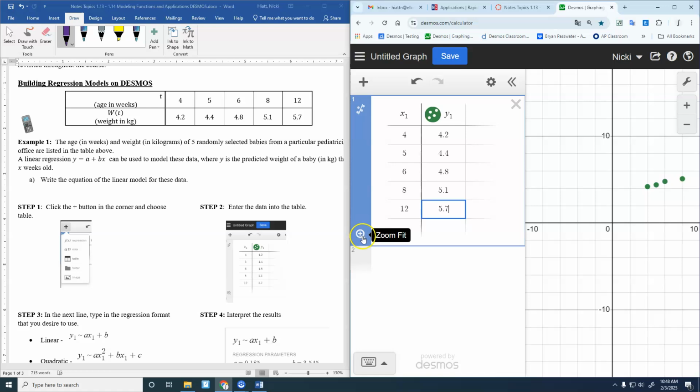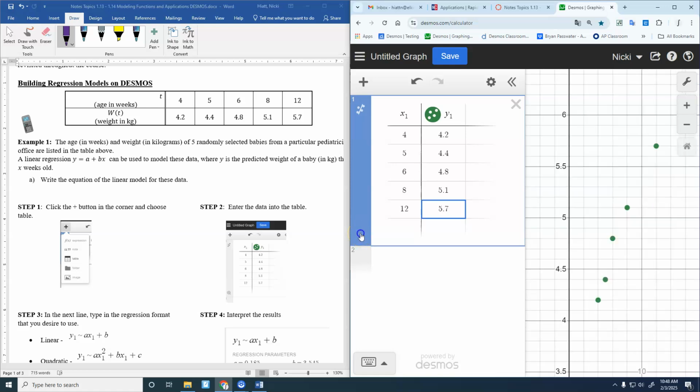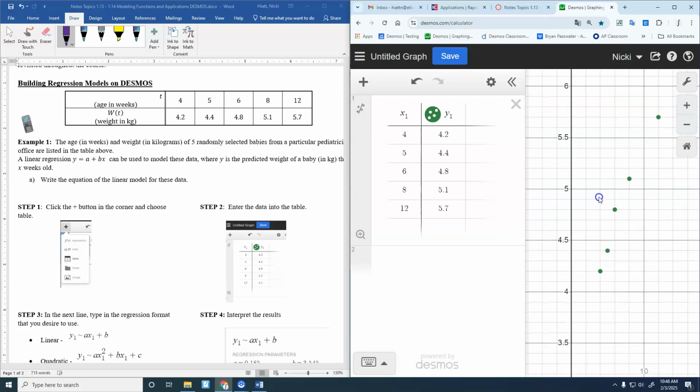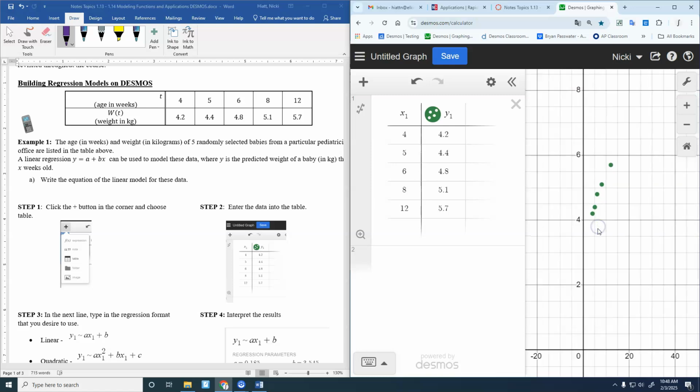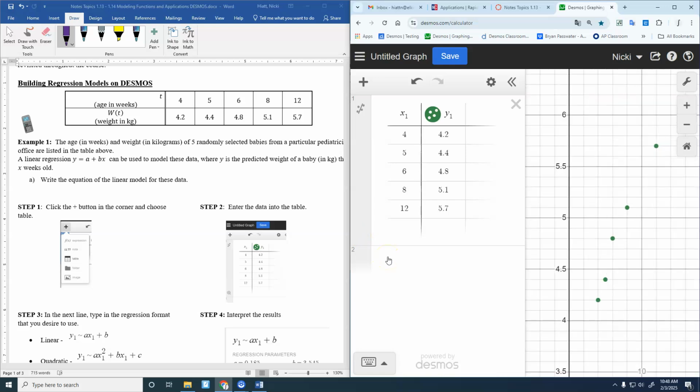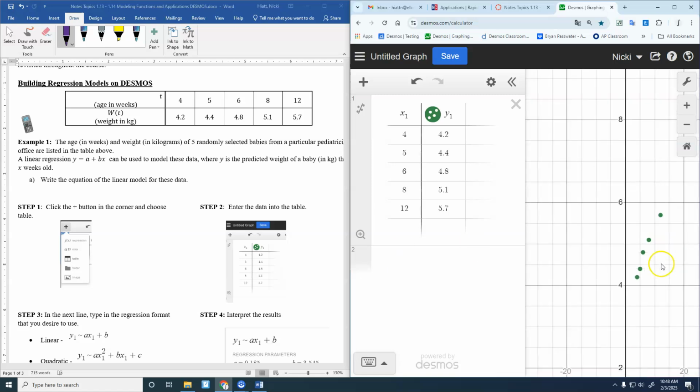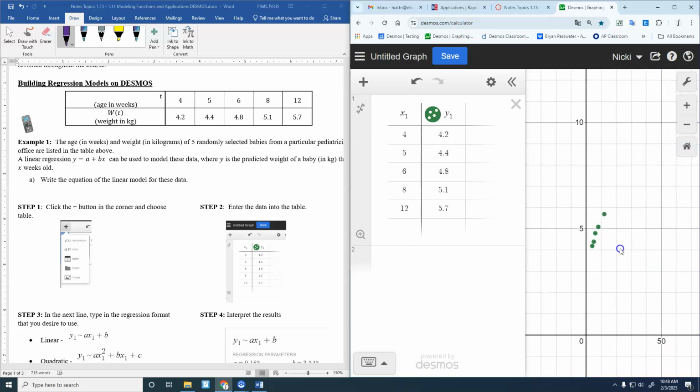This little magnifying glass over here in the corner, if you click it, it'll zoom into just the data points that you have. Sometimes it can be very helpful. Sometimes, like on that one, I did lose the x-axis whenever I clicked it. But especially if you can't see your data points, it's helpful to do that right there. And then you can zoom in and out as you need from that.